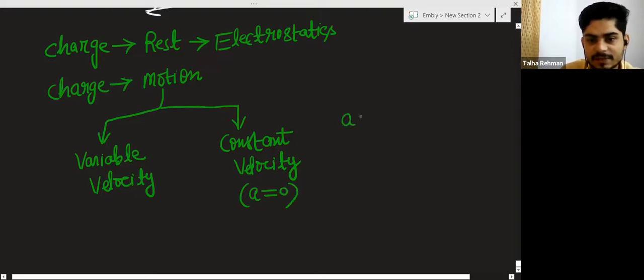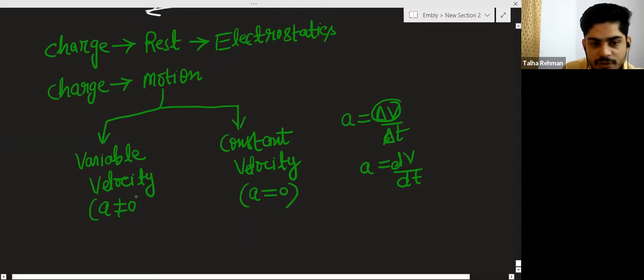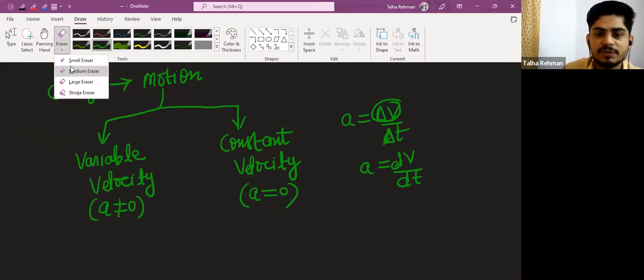We know that acceleration is change in velocity divided by change in time, delta t, or in instantaneous form, A is equal to dv by dt. Here change in velocity is 0, so acceleration is 0. In the other case acceleration is not 0, because the change in velocity is not 0.